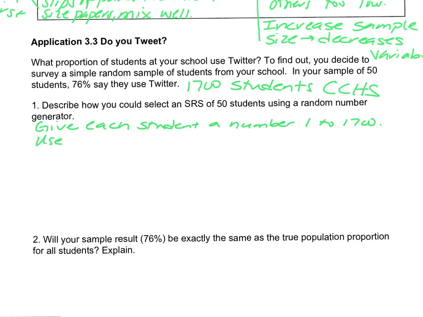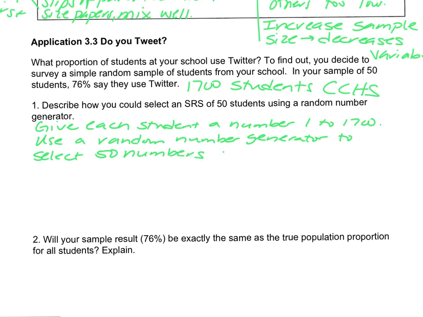So using a random number generator, to select 50 numbers from 1 to 1,700, ignoring repeats.